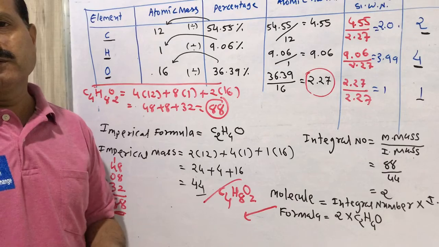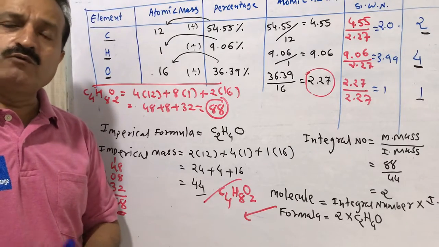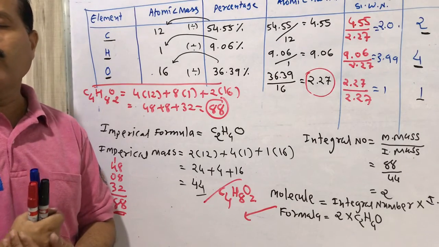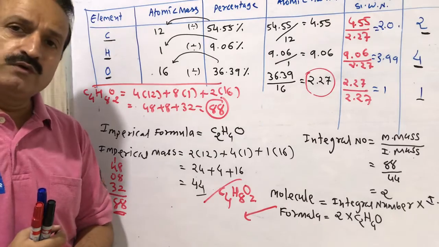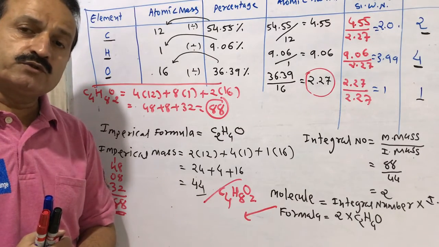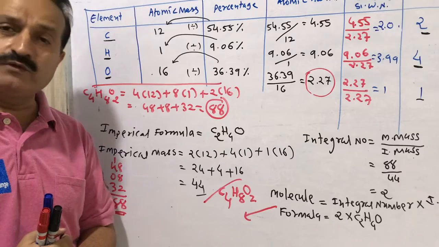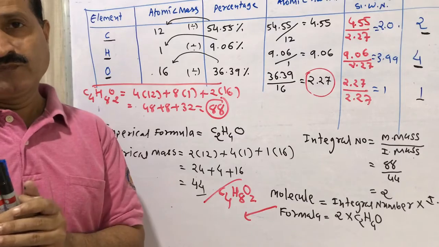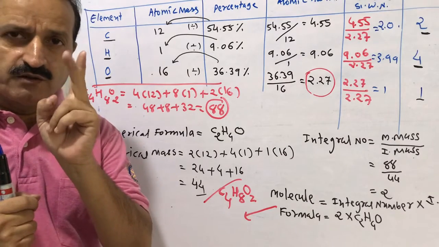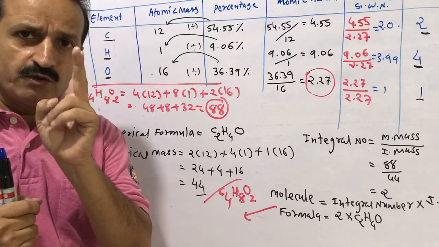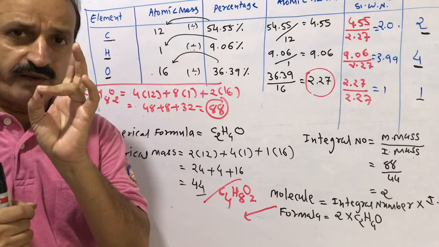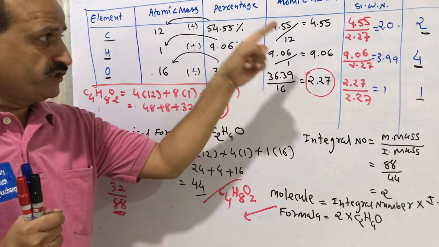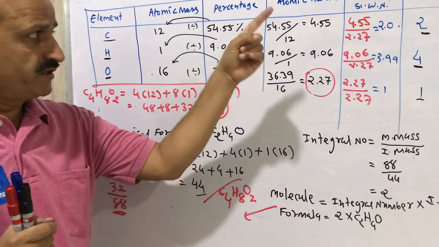These are the methods to find out the empirical formula and molecular formula, and you can prove that the molecular formula which you have found is true. So you have to follow the table. You are given name of element, you are given percentage of element, you know the mass of element, then you have to find out the atomic ratio, then the ratio of simple whole number, and then simple whole number.